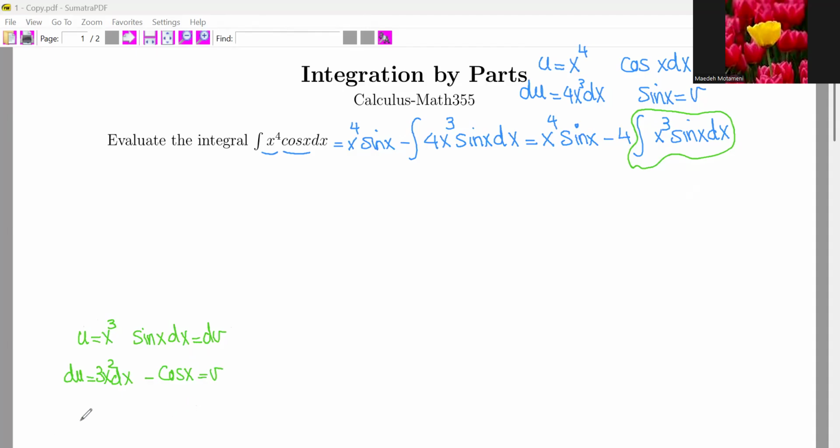So we would have uv, which is negative x cubed cosine of x, minus the integral of v, which is a negative, so it makes it positive, du. So 3x squared, I would like to bring 3 out right now. We don't know what the answer of the integral of x squared cosine of x is. So we would continue solving this part separately.